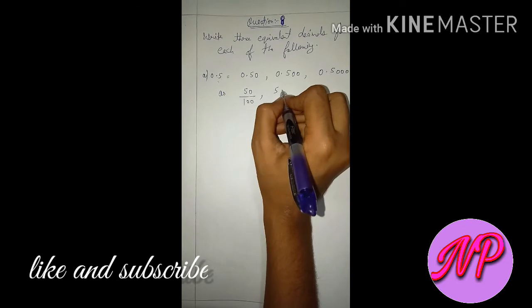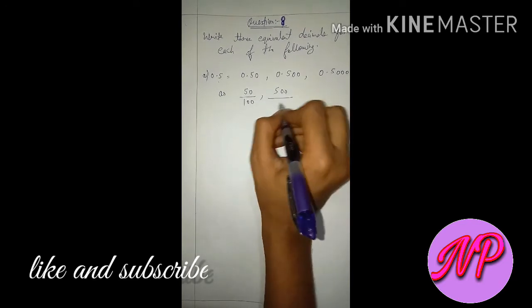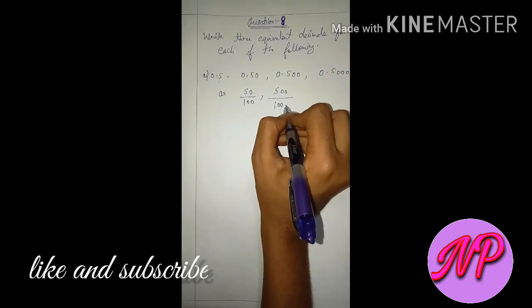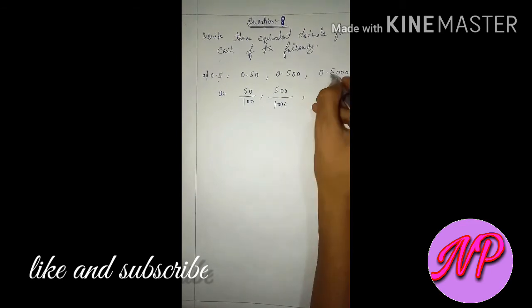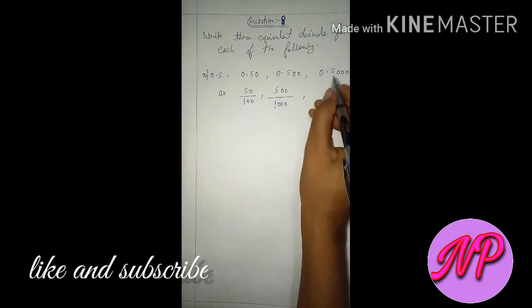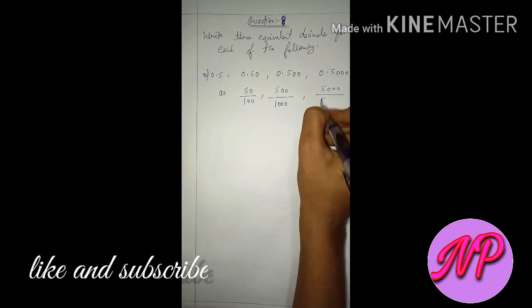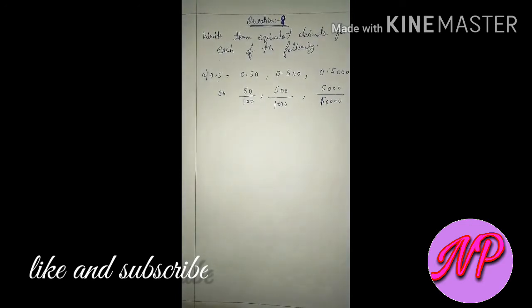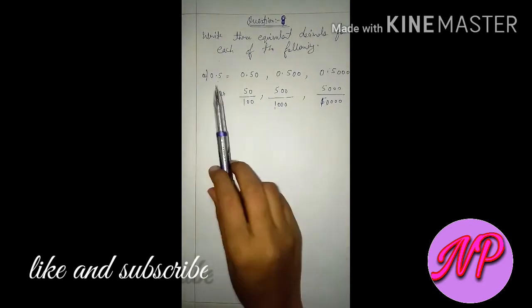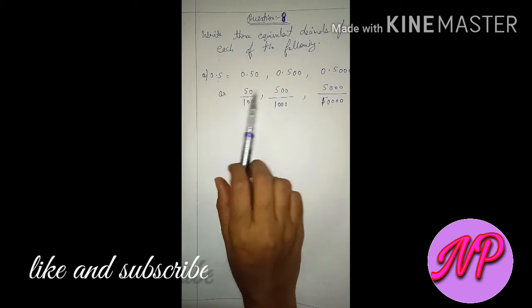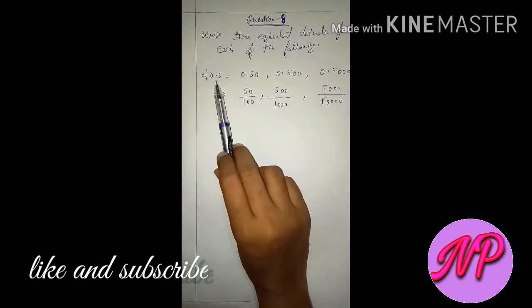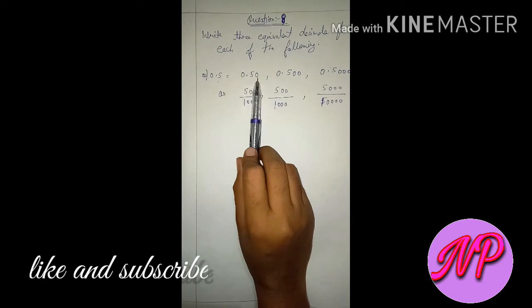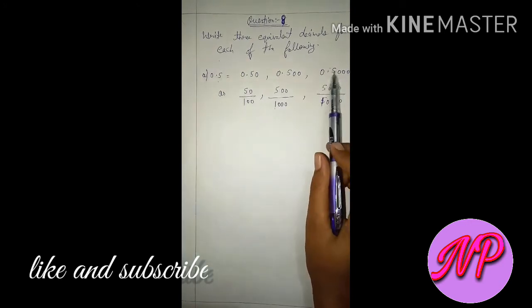Now when you remove the decimal, 0.500 is 500 divided by 1000, and if you remove the decimal from here, it will be 5000 divided by 10,000.